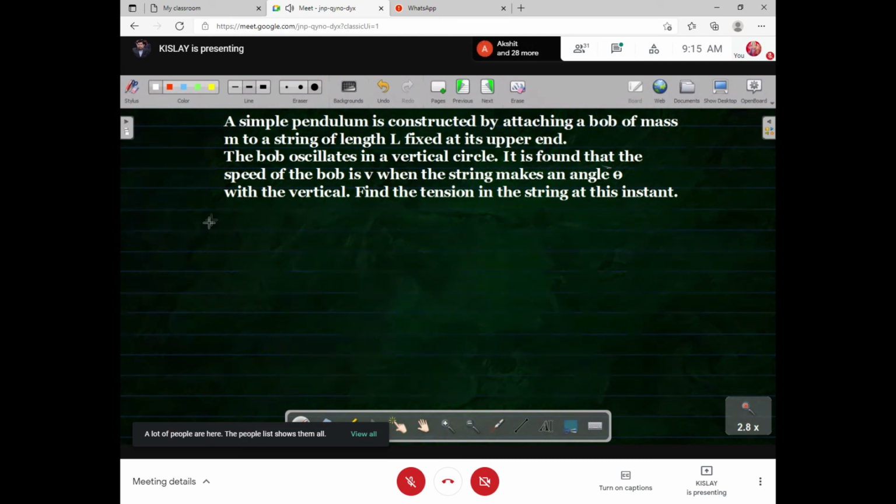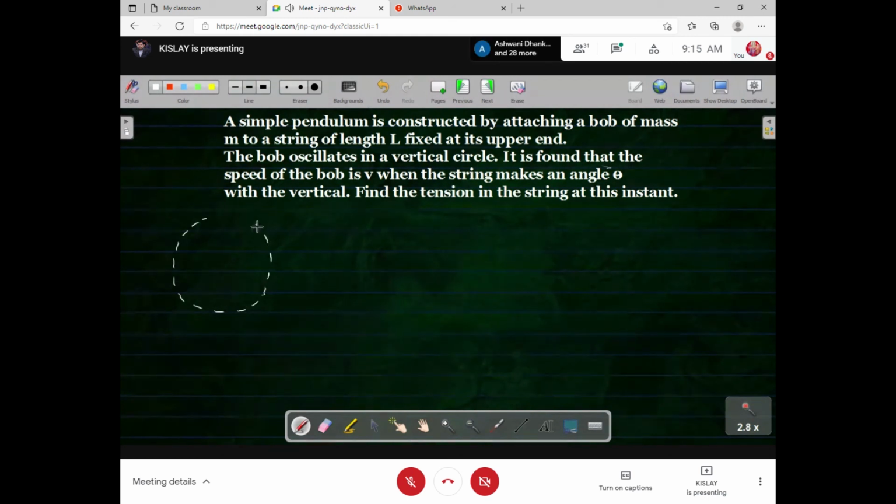See, there is a circle, a vertical circle. You can imagine the vertical circle. A pendulum is here. It is the lowest position.